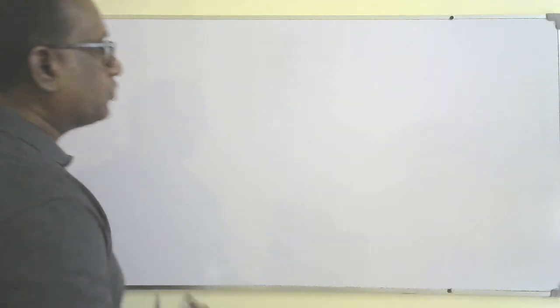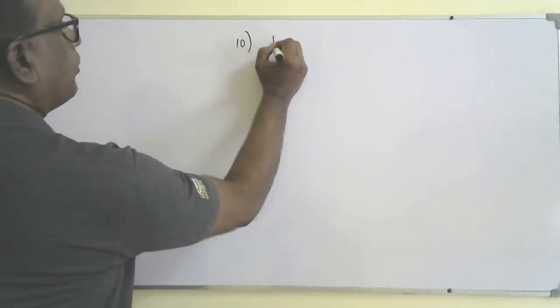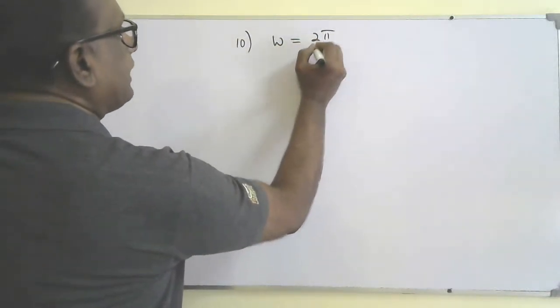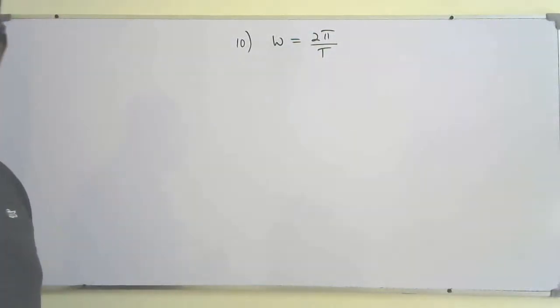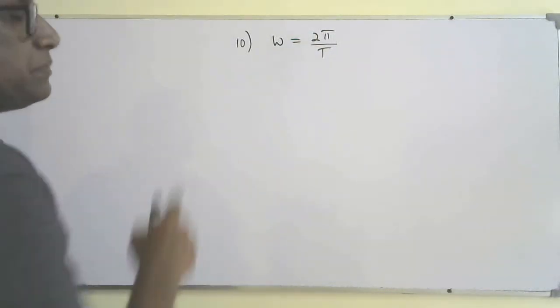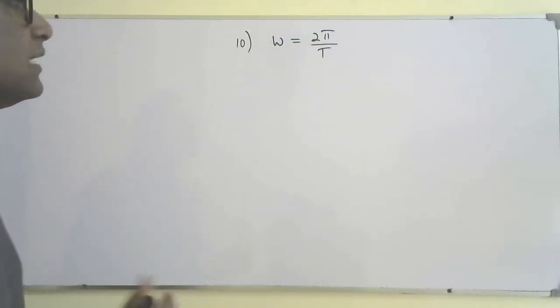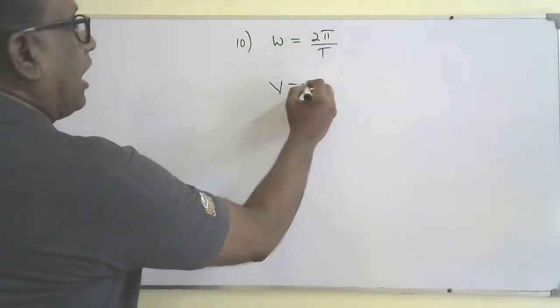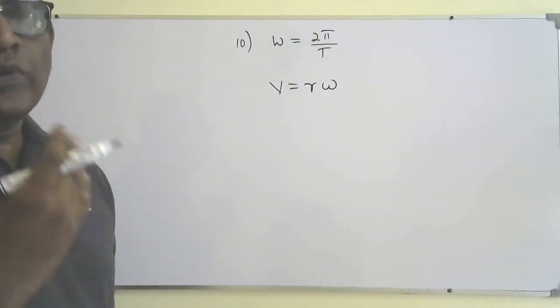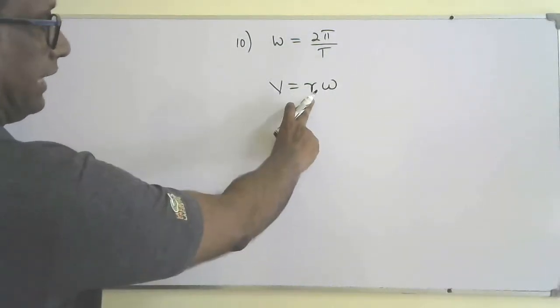So we know the equation: omega equals 2 pi over T. If the time period remains constant, then the angular speed will remain the same, no change. So what will happen to the speed? Speed is equal to r omega. The moon is moving away from us, which means r will increase.